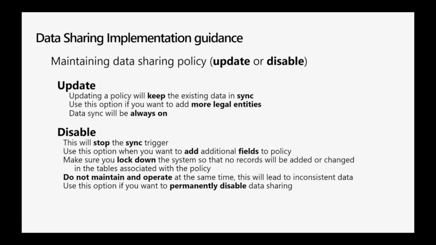So you don't want to have data inserted while you have the policy disabled. That would mean if you do so and you have records inserted in one of the tables belonging to the policy, after enabling it, it will not synchronize that record, and you might end up with data which is not in sync.